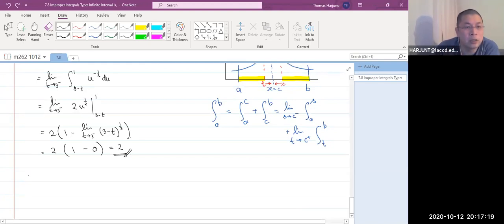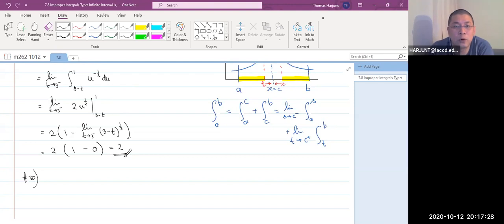Let's see number 30. For the limit, do we need to use different variables like s and t? Can you use both s? No, you cannot use both s. It will be confusing because one variable is for one limit.